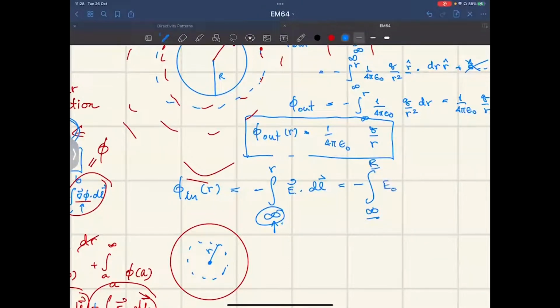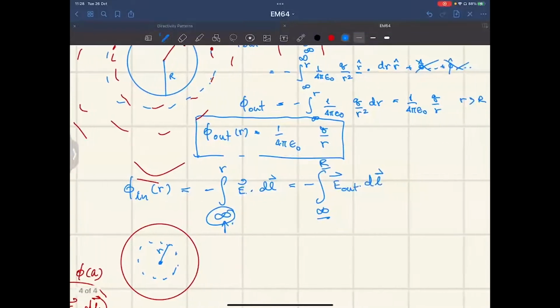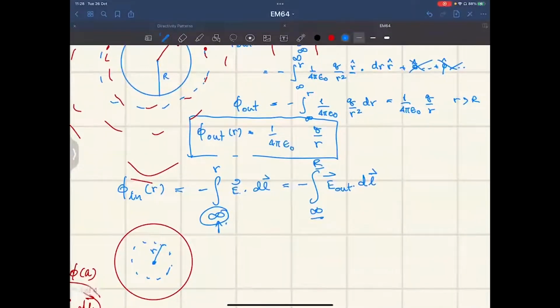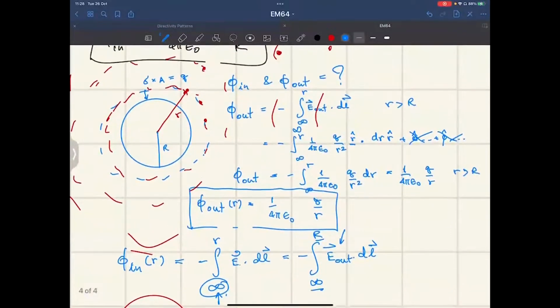This thing we can call E out dot dl, because outside the electric field is E out, and we actually know what it is, right? It's just this one. Okay, this thing is E out.